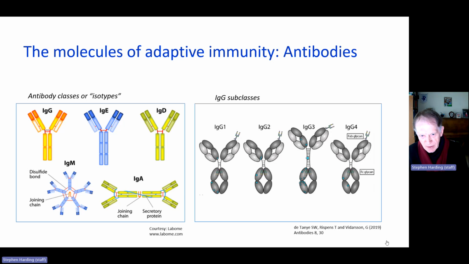And you'll notice on these diagrams here, we have these sugar chains, oligosaccharides coming off, called glycans, and that applies also to the other classes of antibody, E, D, A, and M.